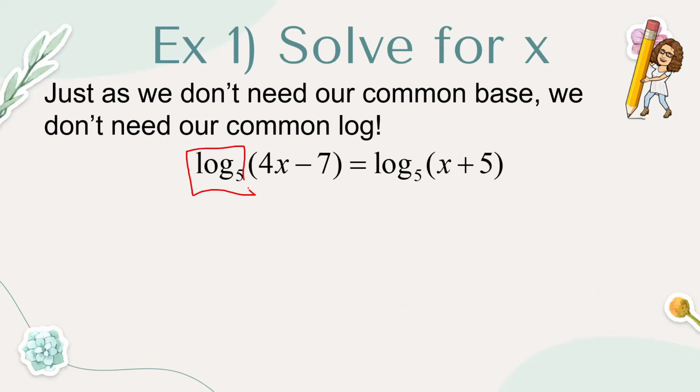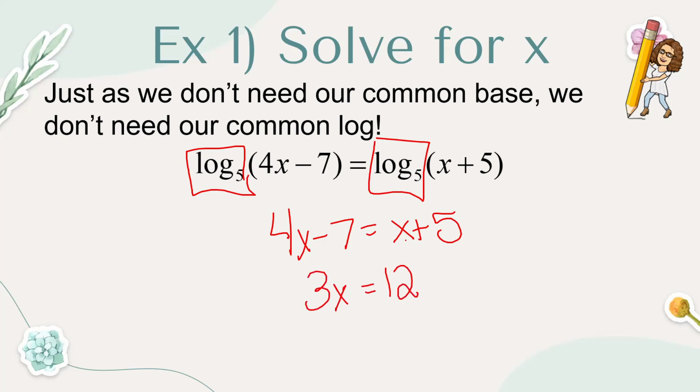This is the same log on both sides, so I really don't care about it anymore. All I care about is 4x minus 7 equals x plus 5. If I solve this, I'll get 3x equals 12, subtracting the x and adding the 7. We would get x equals 4.